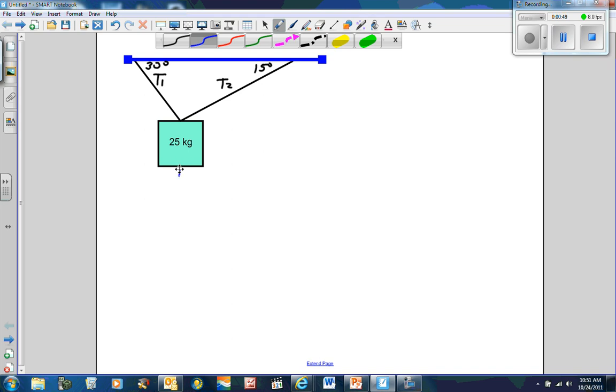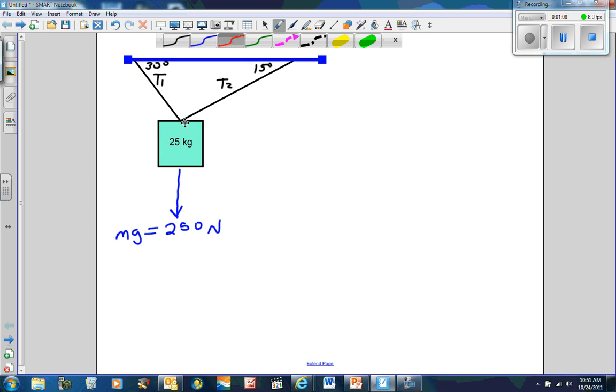So this right here has a weight of 250 newtons. We get that by multiplying the mass times g. That'd be 25 kilograms times 10 meters per second squared.